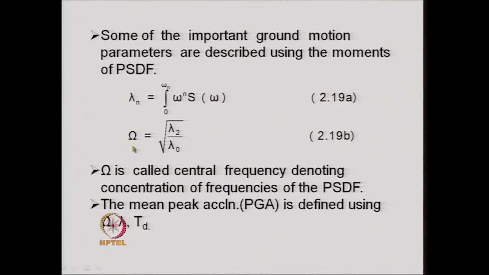So this quantity called the capital omega is defined as lambda 2 by lambda 0, that is the second moment divided by the 0th moment. Now this capital omega is called the central frequency, denoting concentration of frequencies of the PSDF.